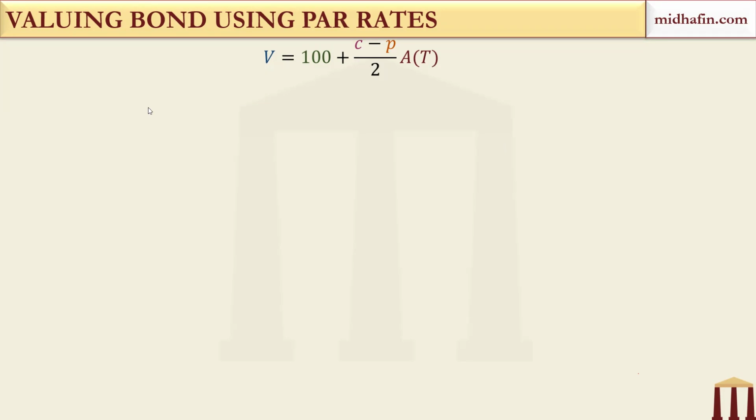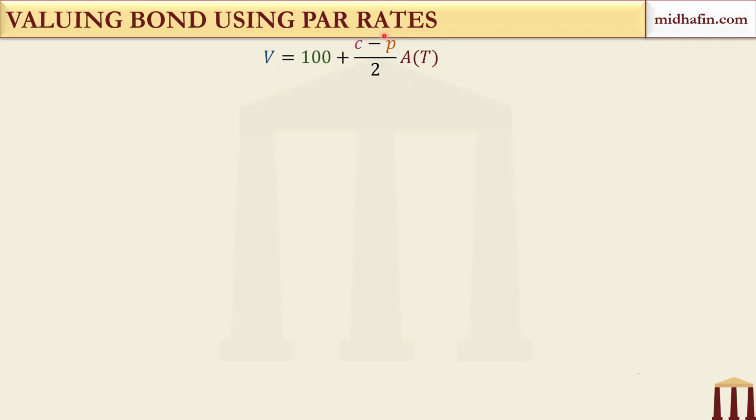Again, it's just a simple exploitation of the formula if you look carefully. So look at these two parts, 100 and then this. This value formula comprises of two parts, 100 and (C minus P) by 2 times the annuity factor. Now, this term that you see here, it will be positive or negative depending on which is greater, either C or P. Whatever is greater will decide what this term will be.